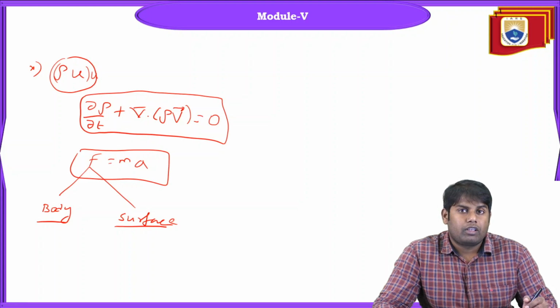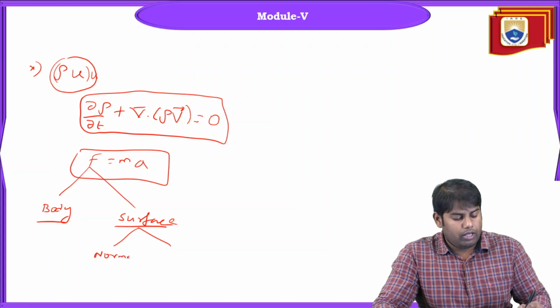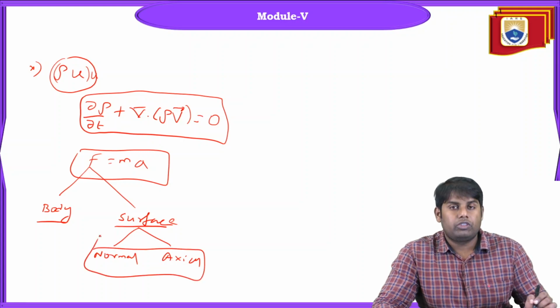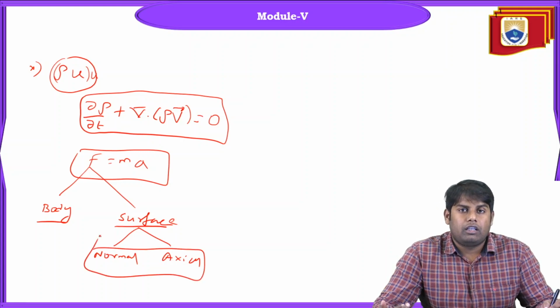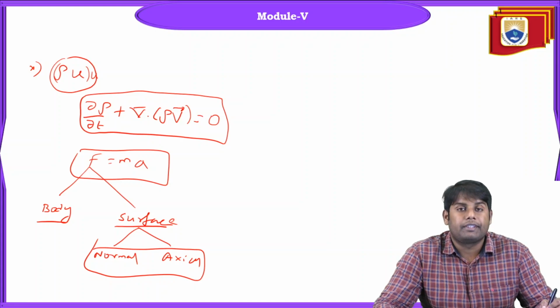The surface forces are divided into two: normal force and axial force. In the normal force, you can take the pressure and the normal stress. In the axial force, you can take the viscous aspects.